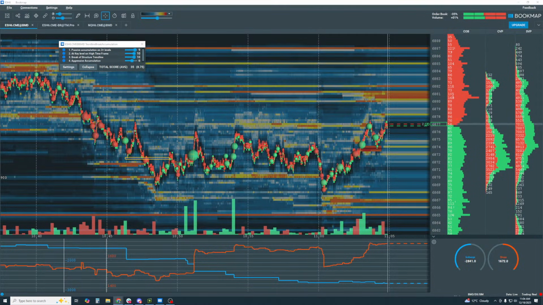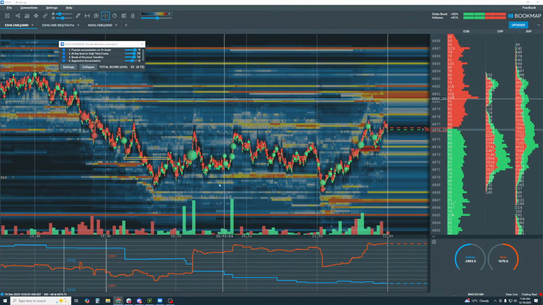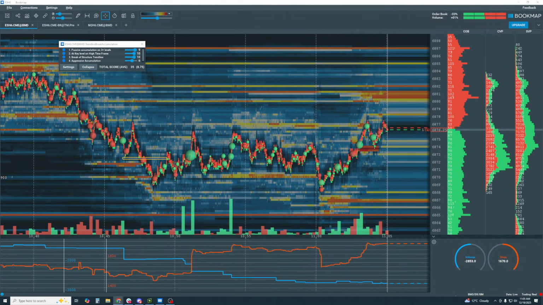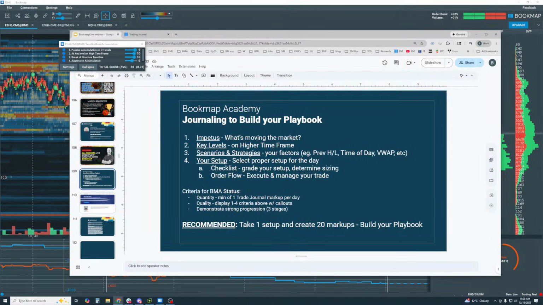What are traders reacting to? Now, again, that's bigger picture stuff, and that's in this guide here: market impetus and also key levels.